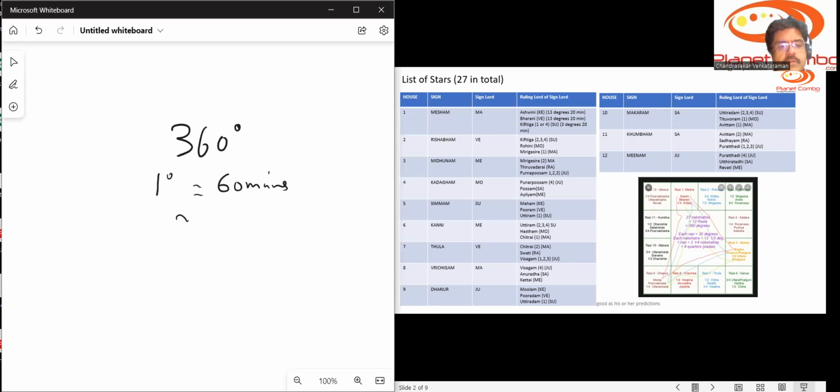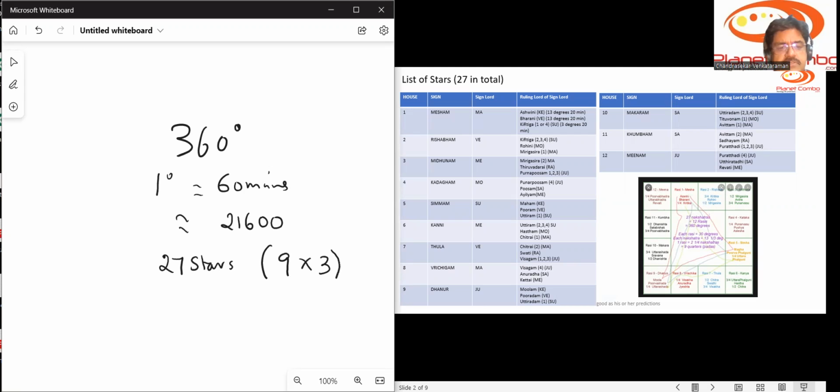So in total, you have 21,600 minutes. This is divided into 27 stars. The basis of 27 stars is there are 9 planets. Each planet owns 3 stars in different signs.